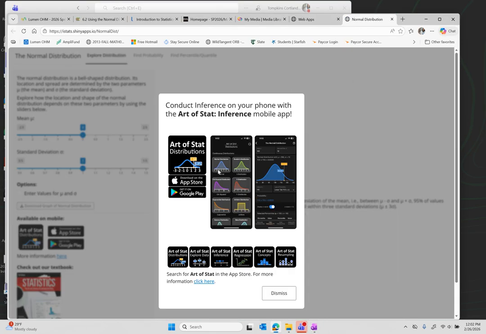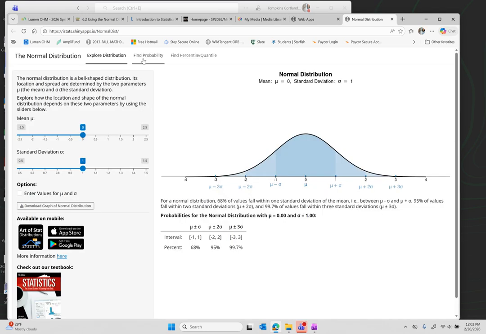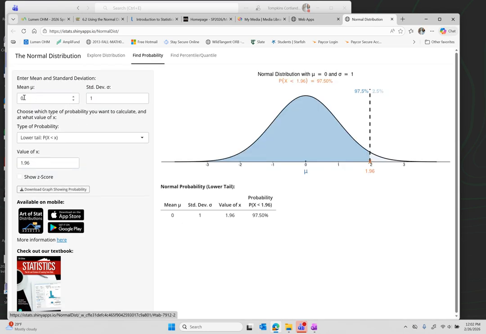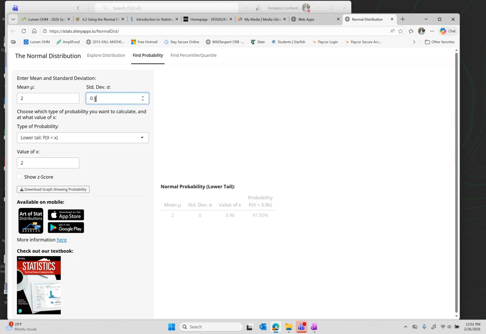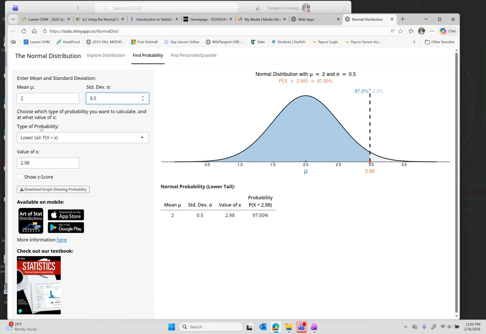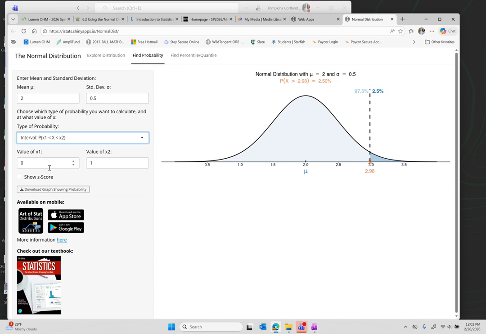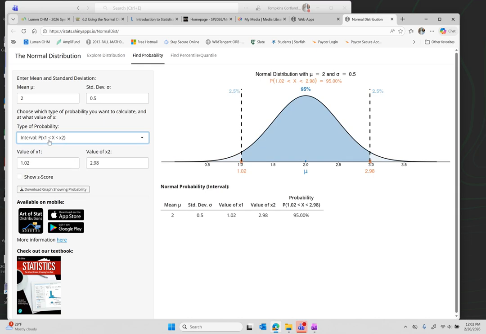So I'm going to go here in the normal distribution in Art of Stat, and I will go to the tab that says Find Probability. It asks me for the mean, and the mean is 2, and it asks me for the standard deviation, which is 0.5. And then it's asking me what's the probability I will be between two values, and the choices here for the type of probability is to have a lower tail probability, an upper tail probability, which is greater than, an interval probability, which is between, and notice here that they don't have equal signs, and this is what I want.